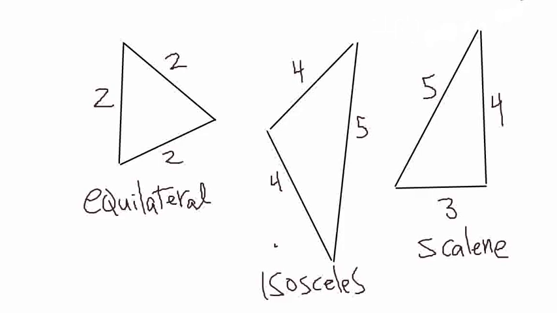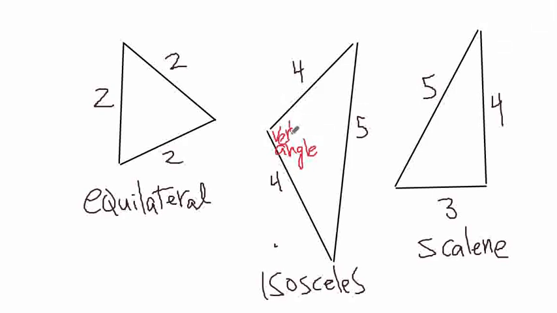Okay, so remember that. Now let's go back to the isosceles triangle. The isosceles triangle had two sides that were the same. That's the middle one, and we call the angle at the top, the one between the two congruent sides, we call that the vertex angle.